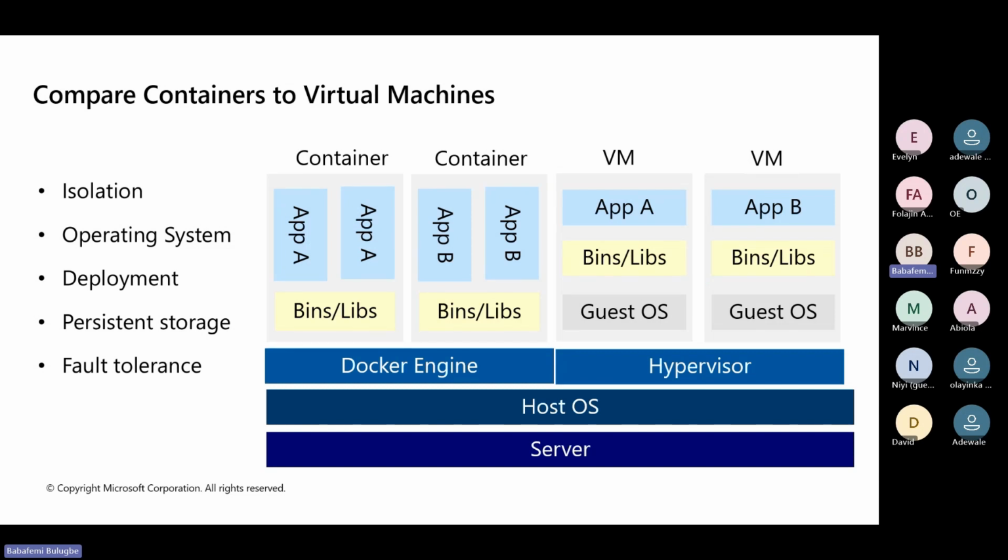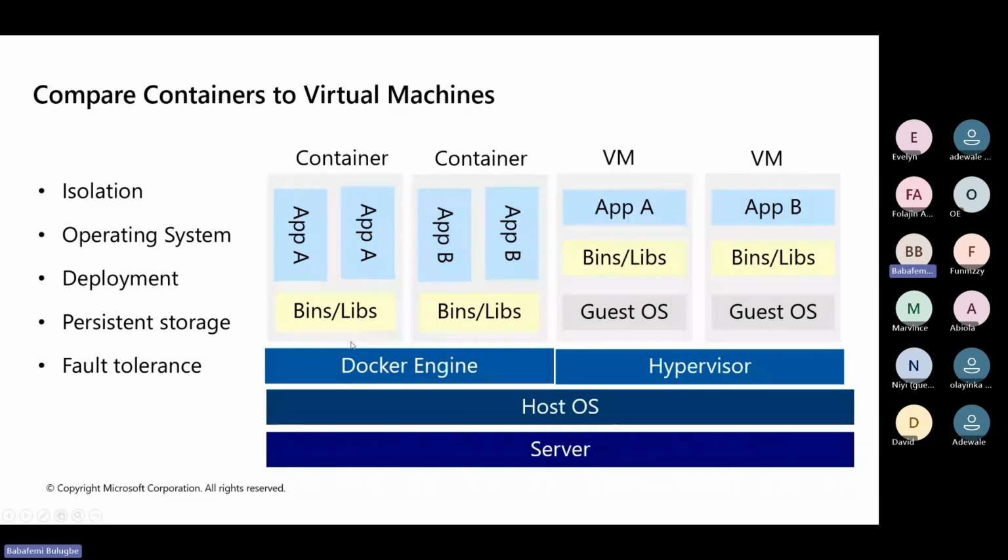Let's say you've created 4 virtual machines, then you host one application per virtual machine. That's what you have as the hypervisor. Then on each virtual machine, you need to create an operating system, then we have the bins for the application, then the application.